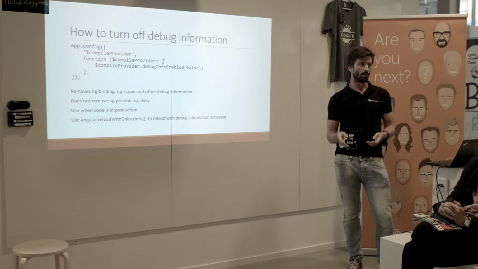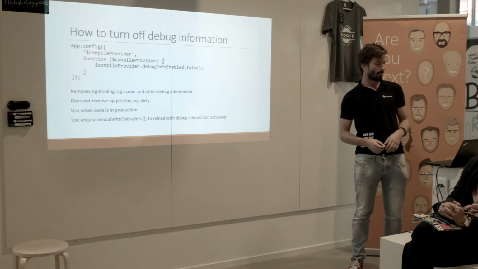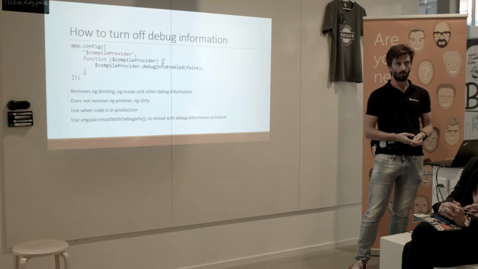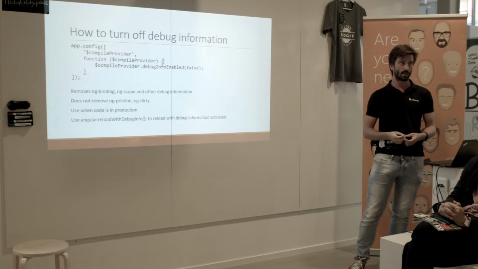It looks up, when you click on an element, it lists the scope that is assigned to this element. But in production code, you often want to turn this off because it does affect performance somewhat. And when you have a large application, it gets more important, of course.